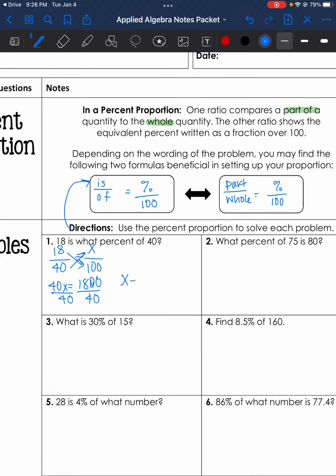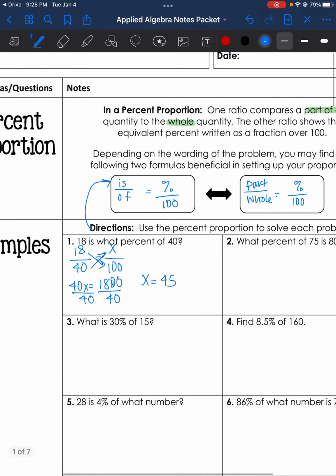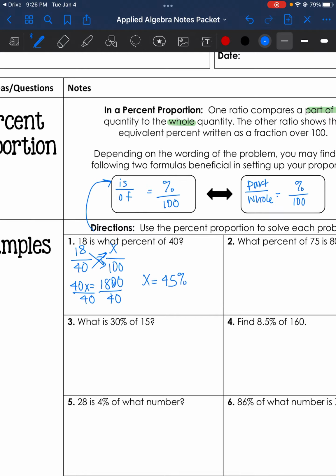And then we get x is equal to 45. So 18 is 45% of 40. So almost half, right? 20 would be half of 40, that would be 50%. 18 is just lower than that, so 45%.